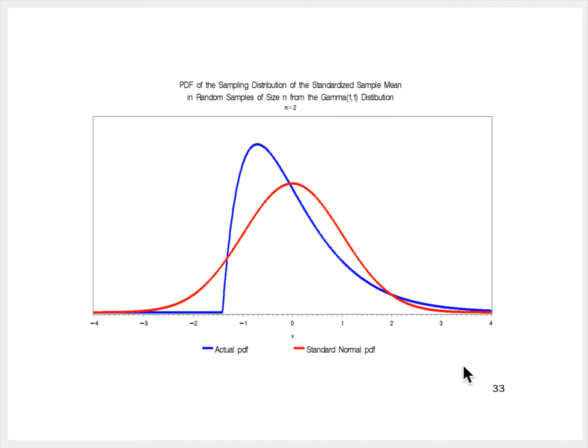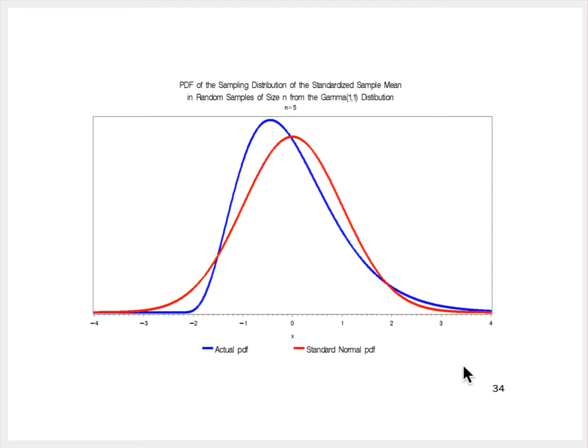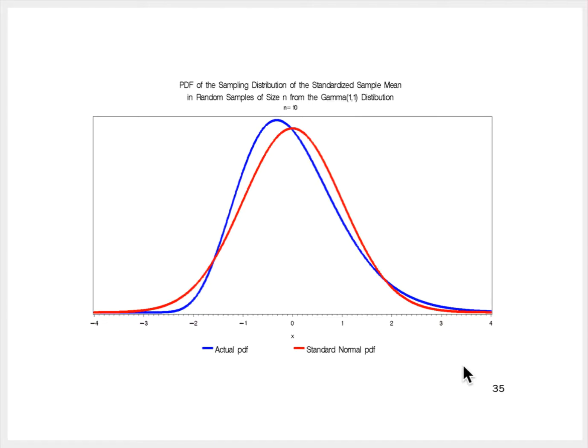All right, so we can see here that for samples of size 2, the red curve is not a very good approximation to the blue curve at all. If we increase to a sample size of 5, we see that the approximation improves. The blue curve is getting closer to the red curve. If we increase the sample size to 10, there's even more improvement. For samples of size 20, it's getting closer.